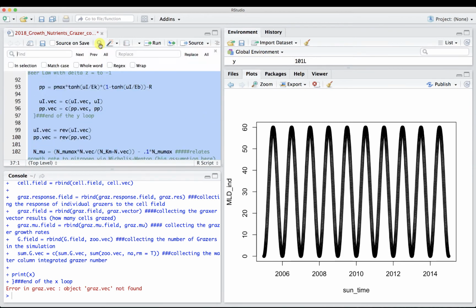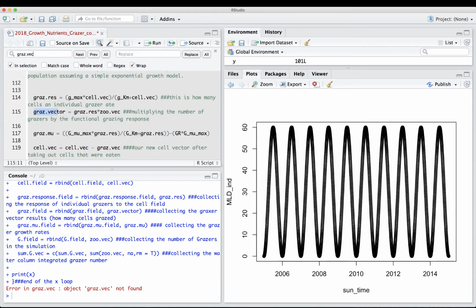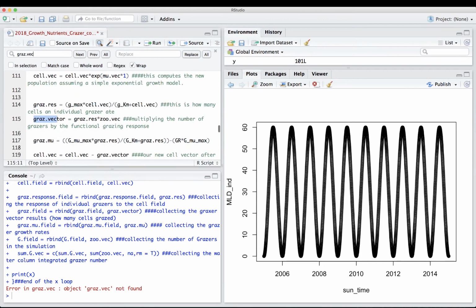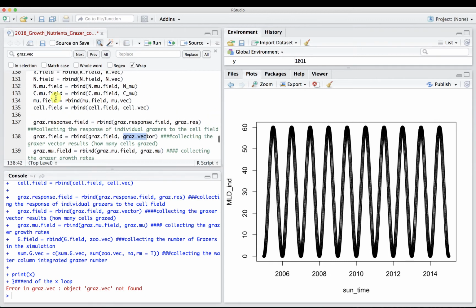I can do a search here. Yeah, I guess this should be Graz vector. Okay, yep. All right.